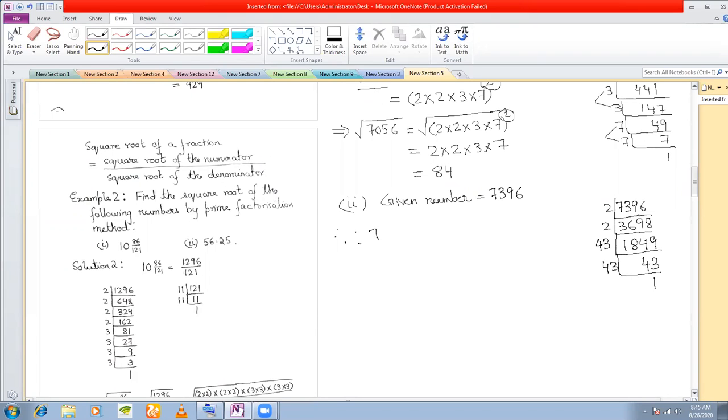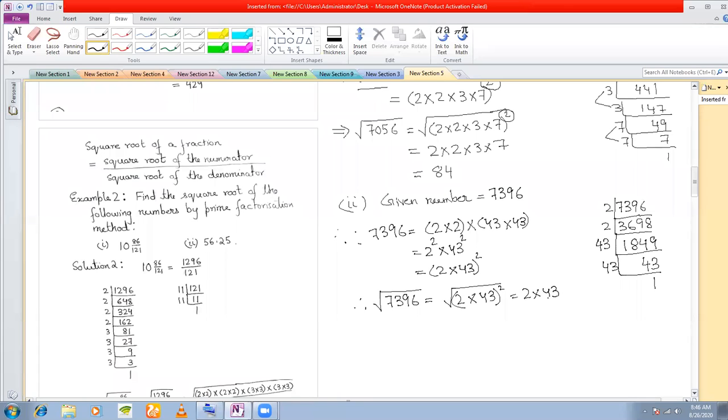So let me finish this. 7396 can be prime factorized as 2 into 2 into 43 into 43, which is 2 square into 43 square, that is, 2 into 43 whole square. Therefore, the square root of 7396 equals the square root of (2 into 43) square, which is 2 into 43, which is equal to 86.